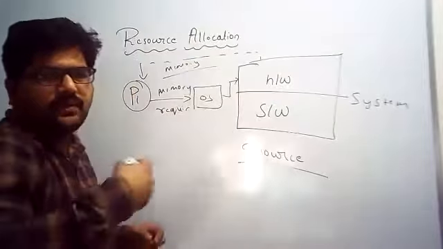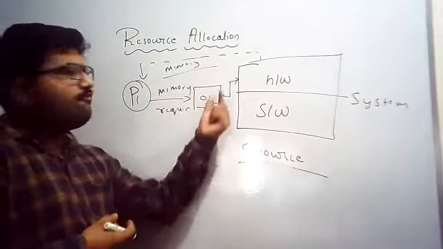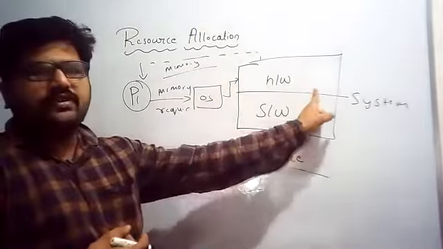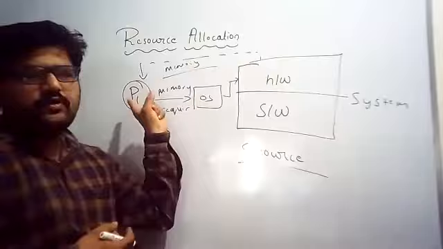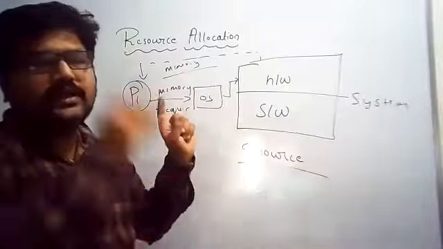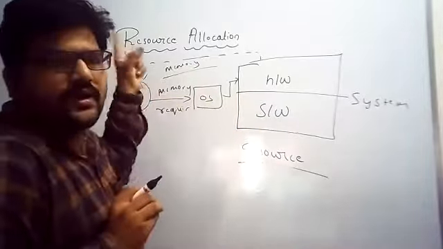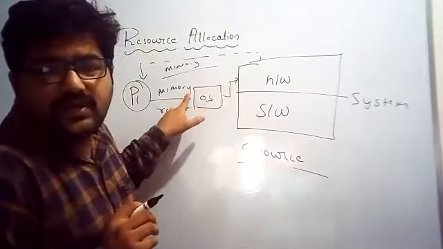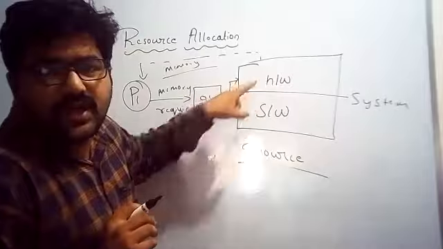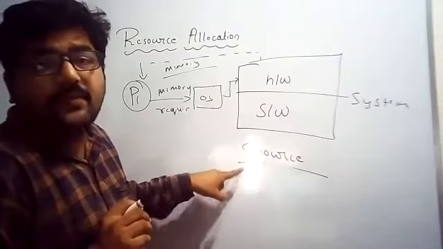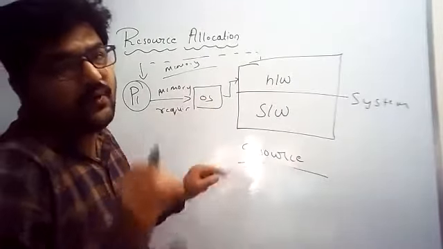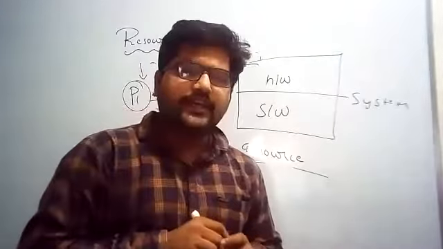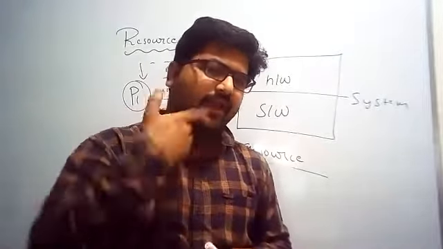Simple work. The process requests the OS for memory, which goes to the hardware section. Then that memory is given to the process. That giving is, for the hardware, that is memory, I am giving the resource. Giving word is odd here, so we use allocating.